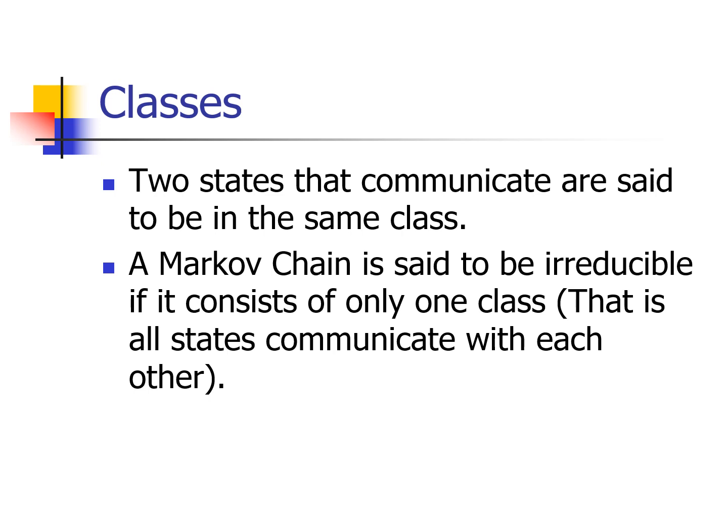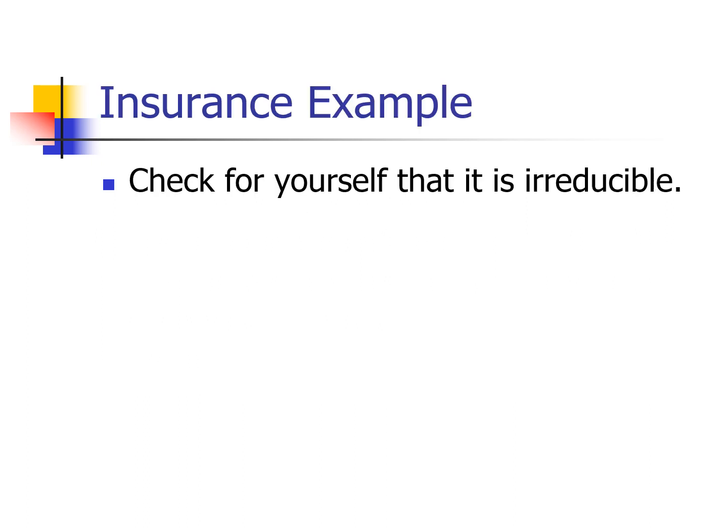So why do we care about this? Well, a Markov chain is said to be irreducible if it consists of only one class. That is, all states can communicate with each other.